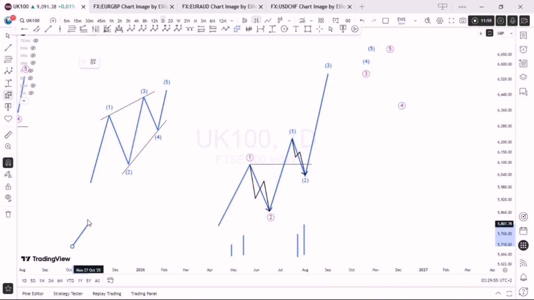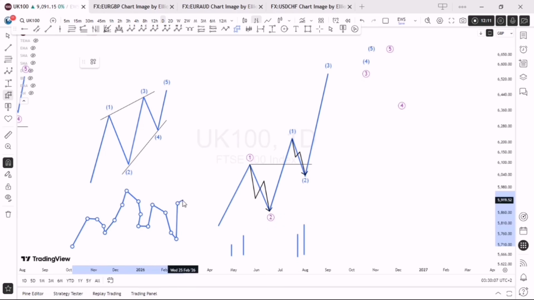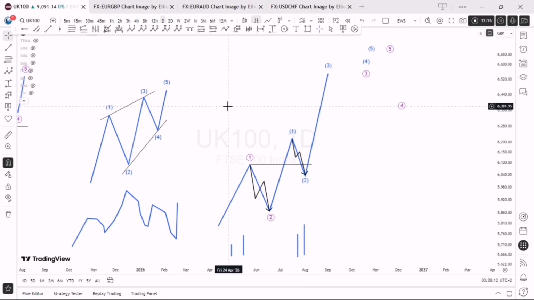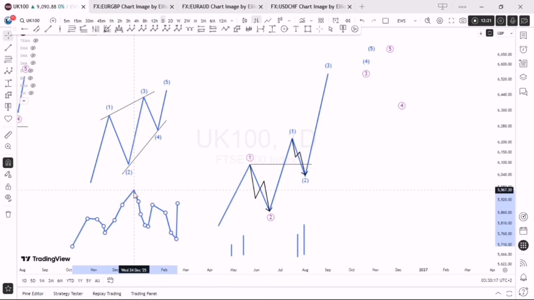So you will have a reading like this on the RSI as you reach the peak of wave 3, and then you will have something like this, because normally we have a divergence in wave 5. So we know that within the RSI we tend to have wave 3 with the greatest momentum. Just before the peak of wave 3, you will have the peak in the RSI, and then most of the time you have what will look like a head and shoulder that fails in terms of momentum.